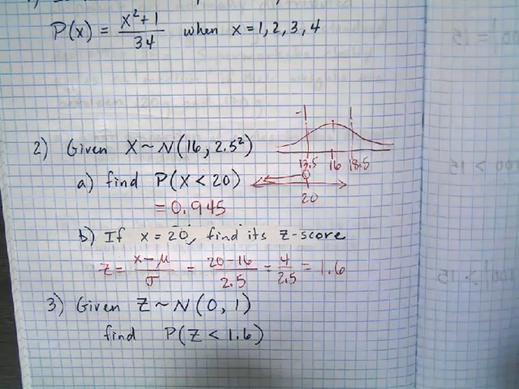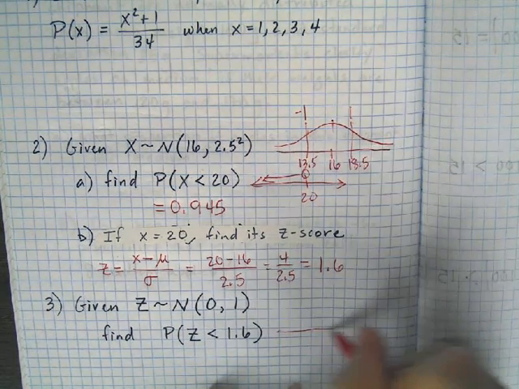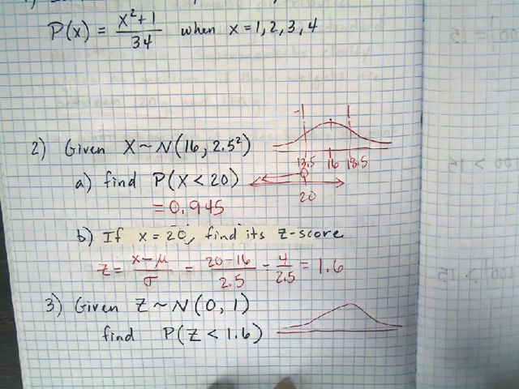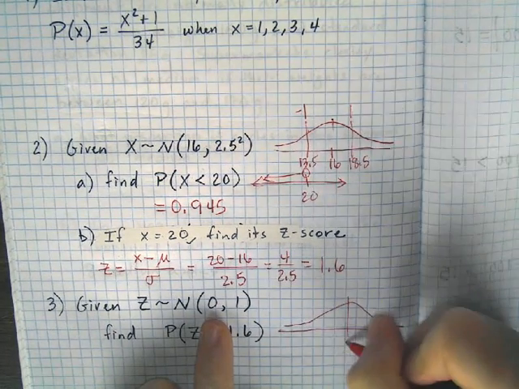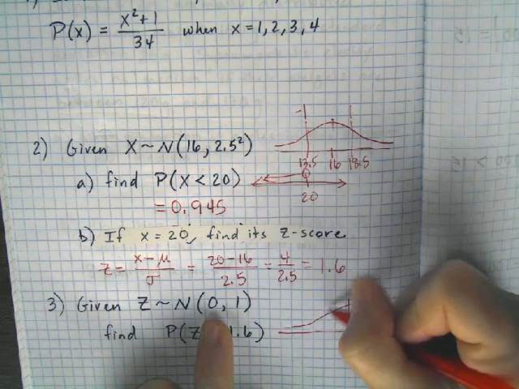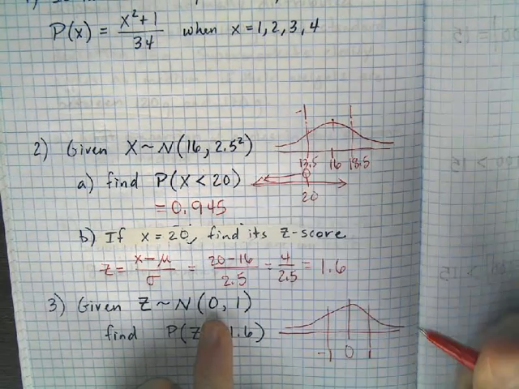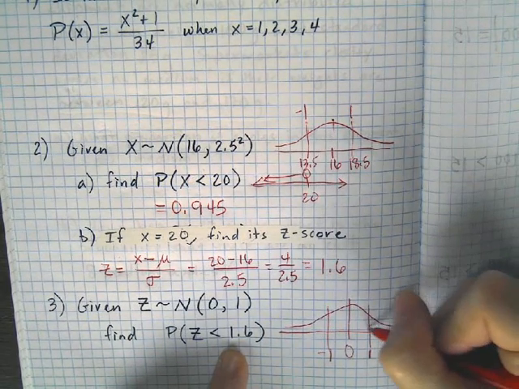Before I actually do this, I'm going to sketch this out. I keep forgetting to sketch these out. Here's my normal distribution. It says the mean is 0, so right here, this is 0. Standard deviation is 1, so this would be 1, and this would be negative 1. And 1.6 is going to be over here somewhere.